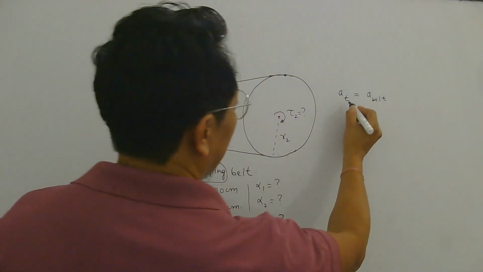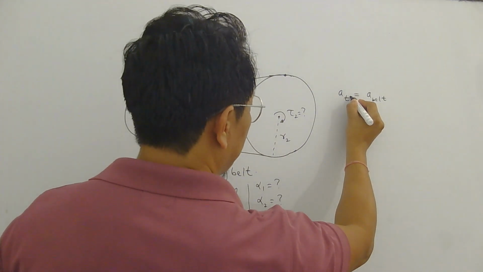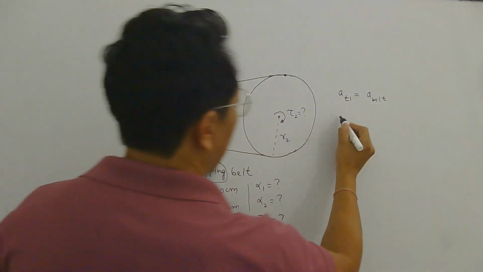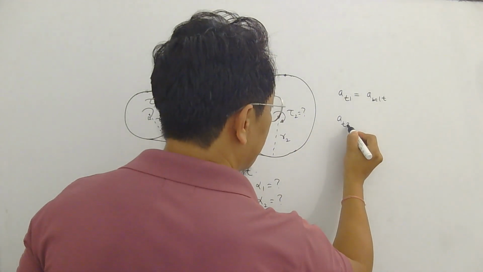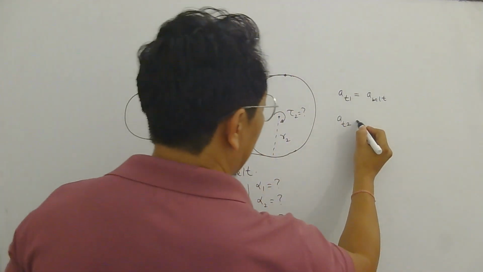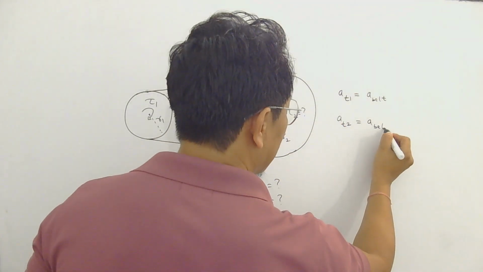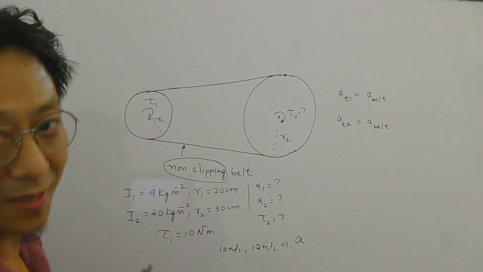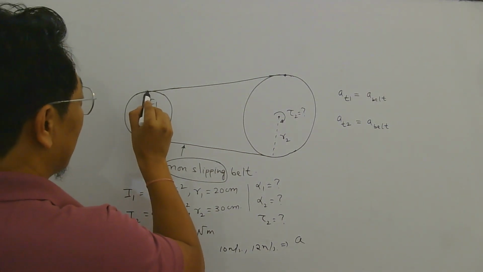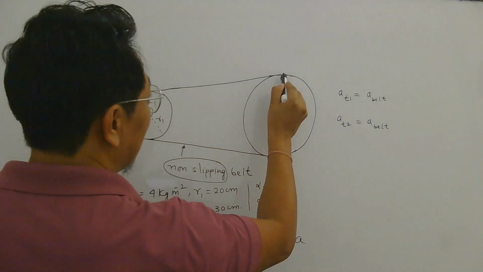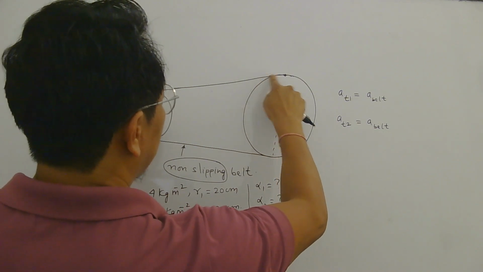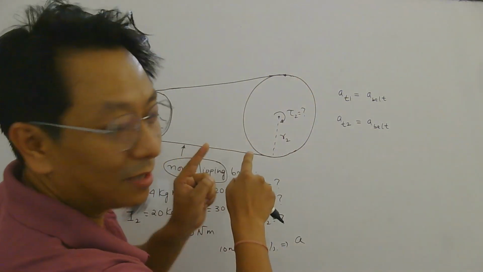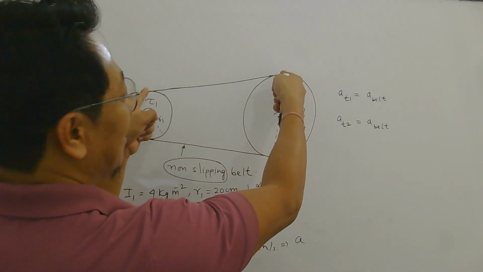So the tangential acceleration of the first wheel here and the tangential acceleration of the second wheel here must be the same as the acceleration of the belt. So this point on the belt and this point on the belt should have the same acceleration, isn't it? Because this line is inextensible.